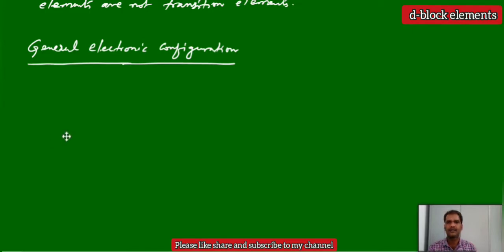What is the general electronic configuration of these elements? It is very, very important. The general electronic configuration of d-block elements is (n-1)d1 to 10 ns1 to 2. This is the general electronic configuration.